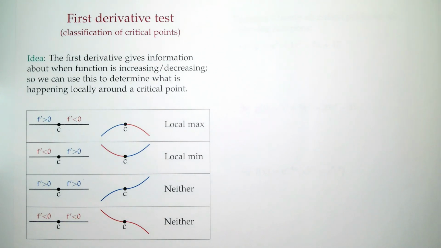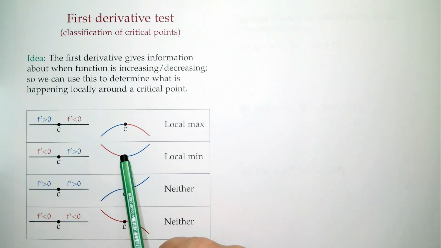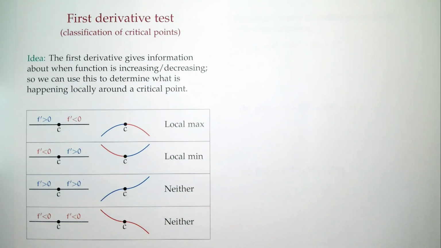Another thing that could happen is my derivative could be negative on the left-hand side and positive on the right-hand side. So it says you're coming down, but then you're going to go up, which says that the critical point is a local min. Or you might have it where the derivative doesn't change sign.